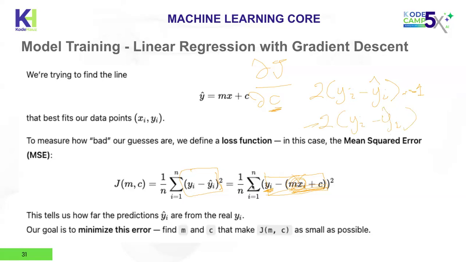And again, remember, like I said, the derivative of a summation is the same as the summation of the derivative of each element. So we will simply sum the derivatives.